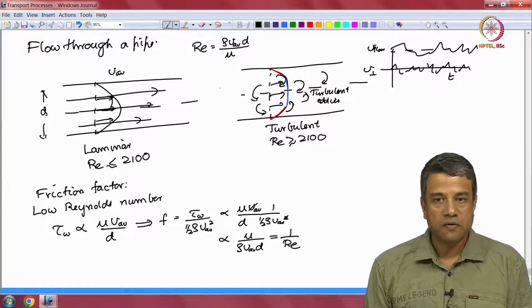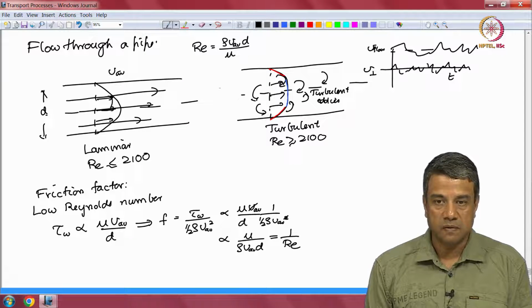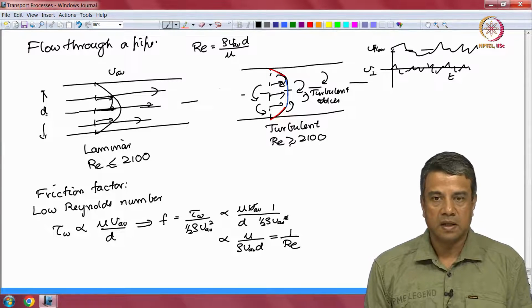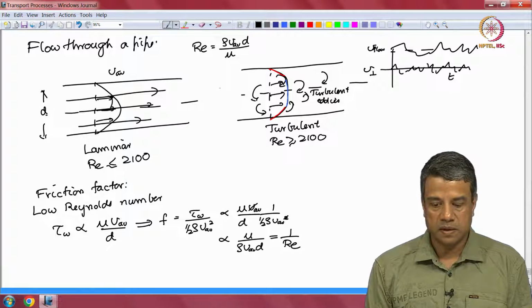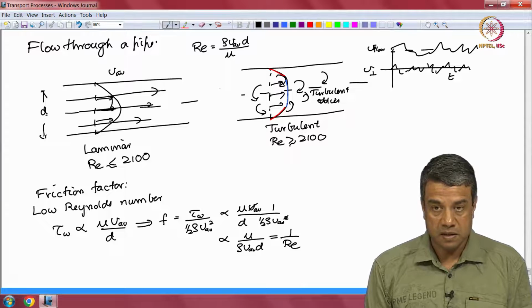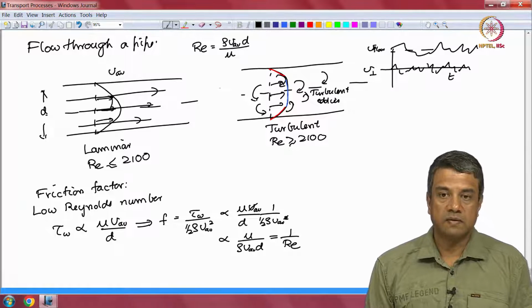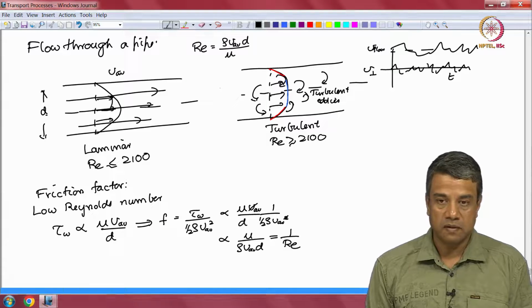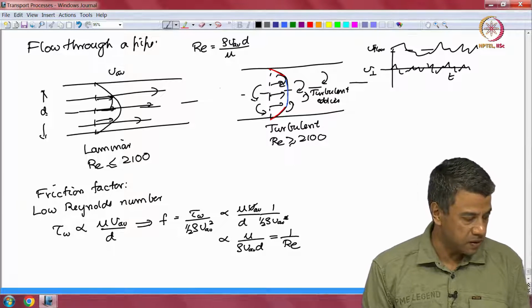Since the velocity profile does not change for a laminar flow, it is the same as that for low Reynolds number. The maximum velocity changes, but the shape of the velocity profile does not change. And therefore, for the entire laminar flow, the friction factor has to be proportional to 1 over Reynolds number.